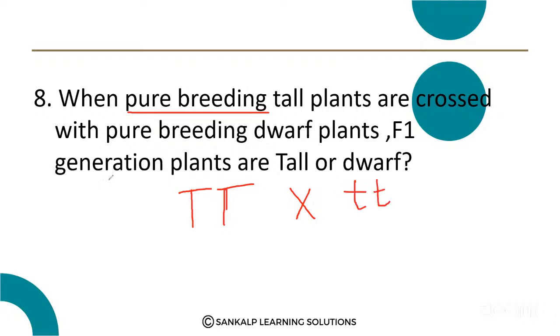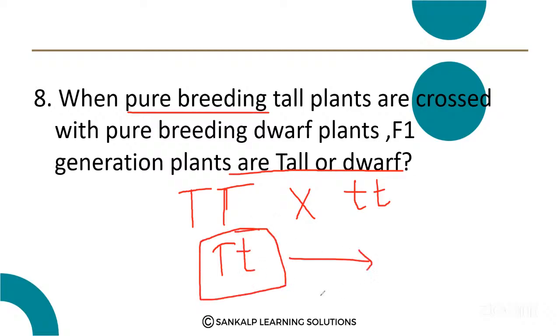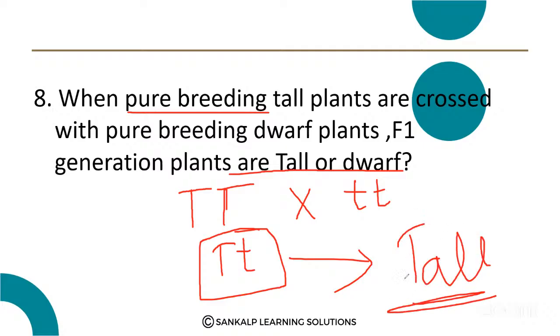F1 generation plants have capital T, small t in their genetic makeup. Capital T, small t means they are all tall plants.